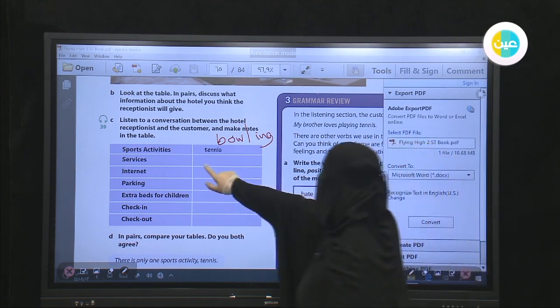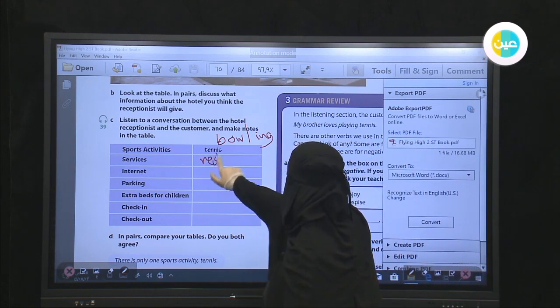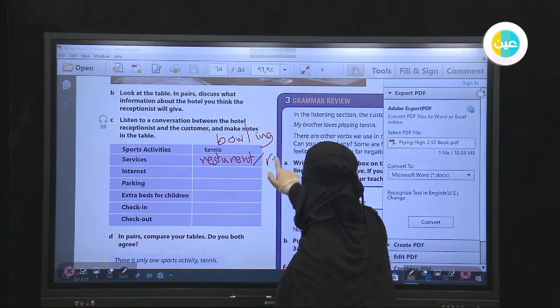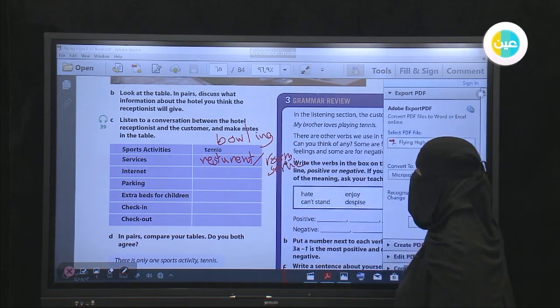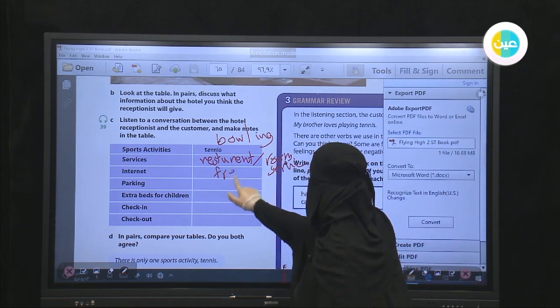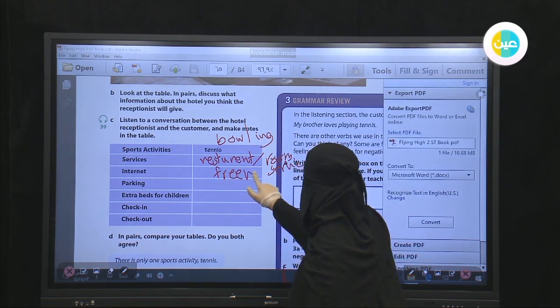So the services are restaurants and room service and business center. Internet is free, Wi-Fi.